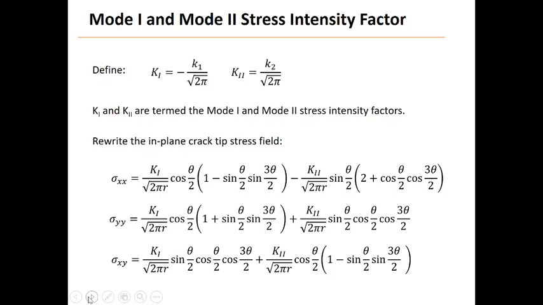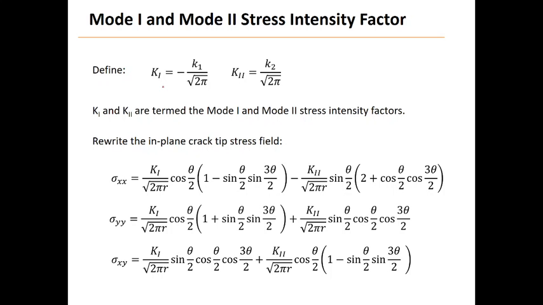Now this is a convenient thing, at least in the literature. We redefine the K1s. There is nothing new here. We're just rewriting the constant K1. Instead, we replace constant K1 with a capital K with the subscript I, where subscript 1 signifies this is mode 1.